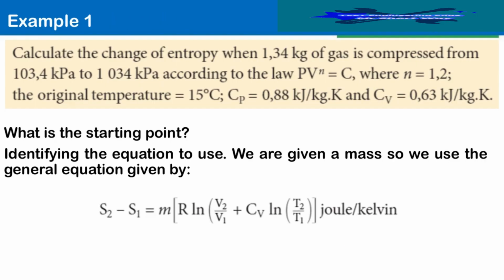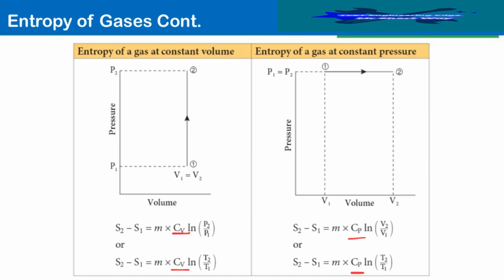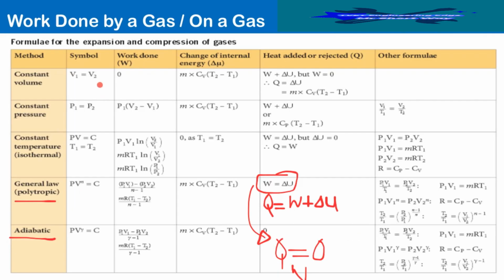Okay, let's look at an example quickly. The example says calculate the change in entropy when 1.3 kilograms of gas, so you've got your mass over there, is compressed from P1 to P2 using this law, PV to the power of n is equal to C. If we go back to our table, where do we see PV to the power of n is equal to C?